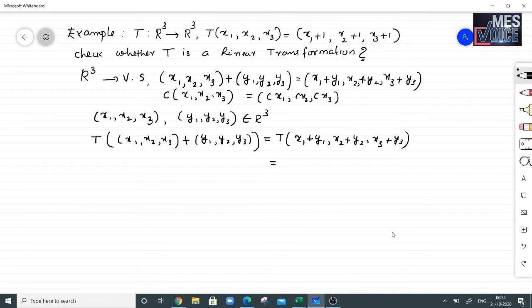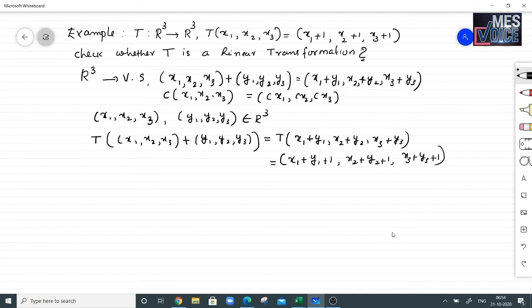The map is T of (x1, x2, x3) is (x1 plus 1, x2 plus 1, x3 plus 1). The first coordinate maps to plus 1, the first coordinate. Similarly, the second coordinate and the third coordinate. Therefore, this is equal to (x1 plus y1 plus 1, x2 plus y2 plus 1 and x3 plus y3 plus 1).